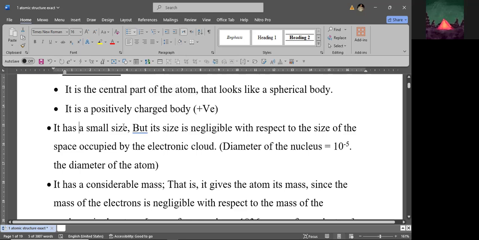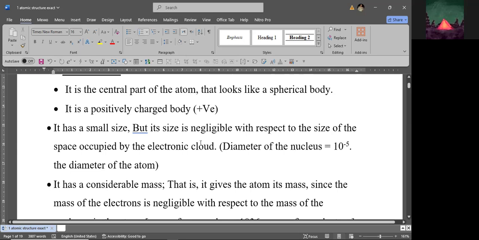In order to compare the size of the nucleus with the size of the atom, we say the size of the nucleus is negligible with respect to the size of the space occupied by the electron cloud. يعني the diameter of one atom is about 100,000 times the size of the nucleus. فينا نشبه انه عندنا ملعب فوتبول, stadium of football.